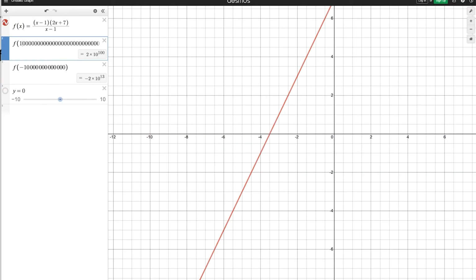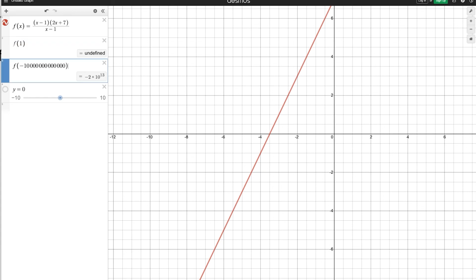Okay, let's get rid of these values here. And we're trying to see what going to infinity looks like. So if we plug f of 1 in there, it's undefined, but what about 10? Okay, 27, okay, 100, 207, okay, 2007. We're just gonna keep adding more and more zeros. If you notice, it's not approaching a specific value. It's just going higher and higher and higher the entire time.